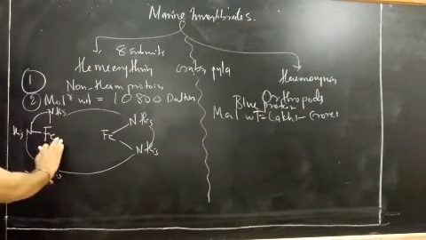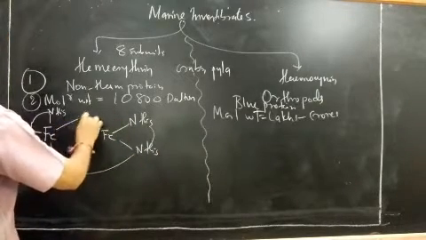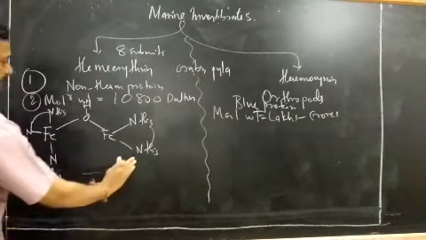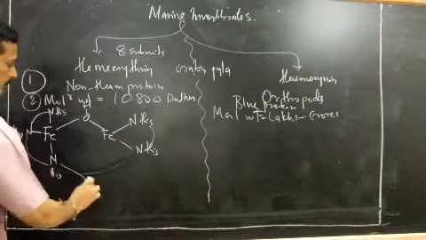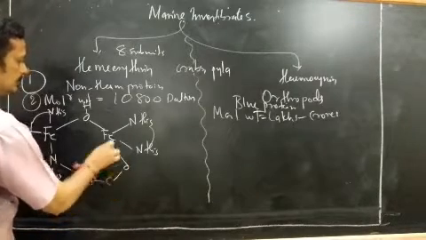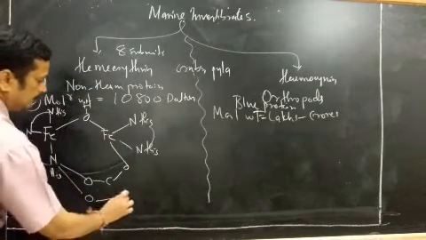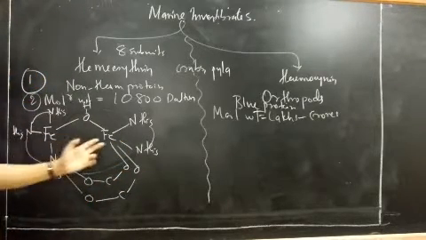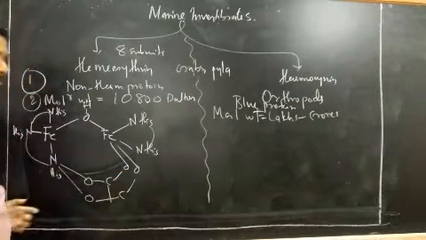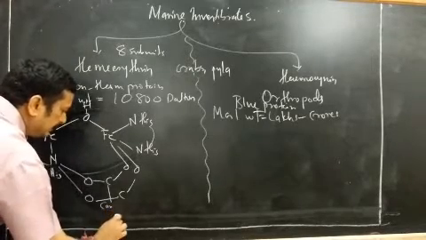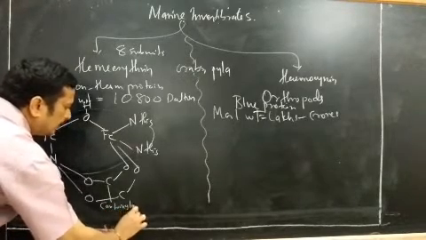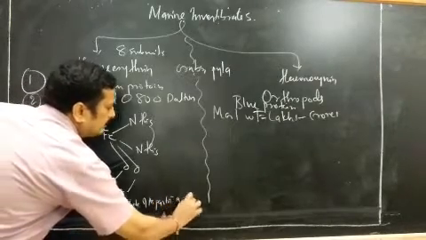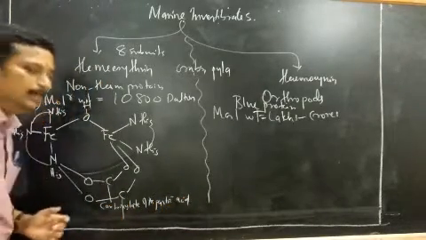Here iron is bound with the hydroxyl, O and H, and this chain is bound with the carboxylate of aspartic acid, and this is the carboxylate of glutamic acid.